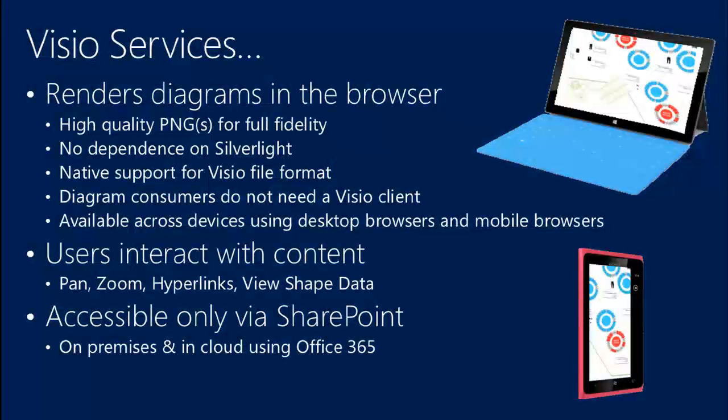As I zoom in and out, Visio Services provides different quality of images based on my zoom level. So it keeps the performance pretty high. If I'm looking at a high-level view of that diagram, the details way down inside those shapes aren't as crisp, but as I zoom in, things get a lot better.